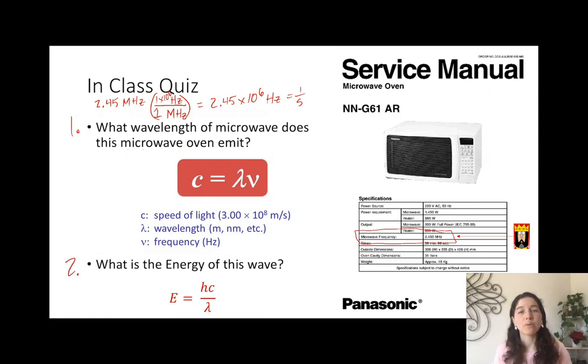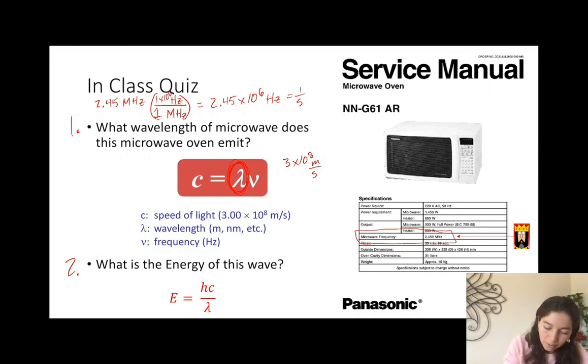Let's go ahead and put this into our equation now and solve for wavelength. So we're going to solve for this lambda variable here. So speed of light is 3 times 10 to the 8 meters per second. If you'll notice, I'm putting in my units here. This is really important. I always like to keep track of units, make sure that I've converted everything properly, because you wouldn't want to plug the megahertz straight into this equation and try to solve, because the seconds wouldn't cancel.